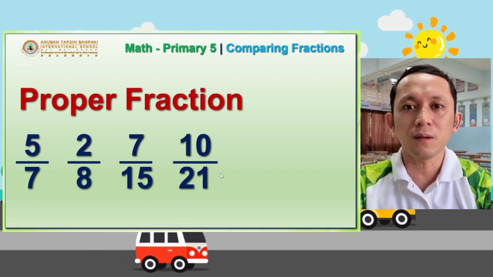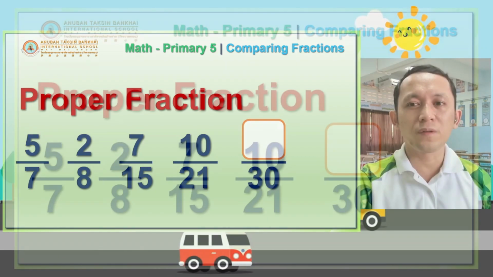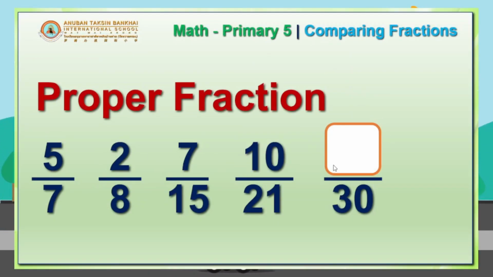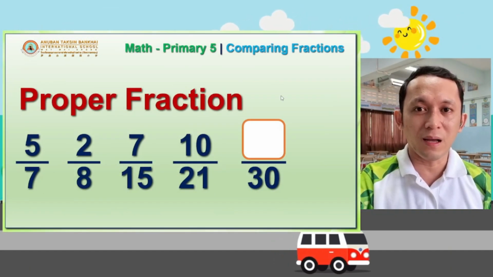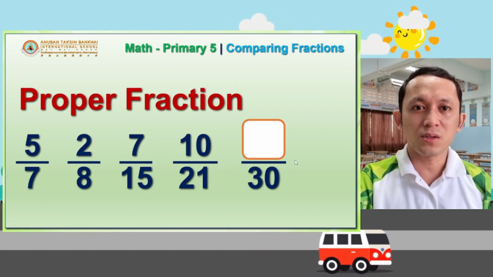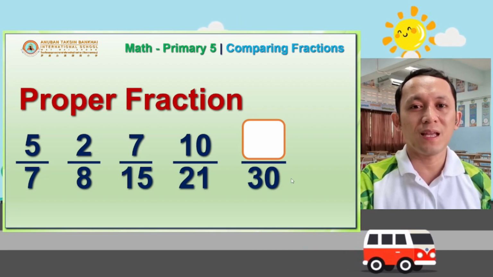Okay, that's very easy. Now, let's have an example. We have blank over 30. You can see that our denominator is 30. If we say proper fraction, our numerator must be smaller than our denominator. So we can have 2 over 30, yes, we can have that.